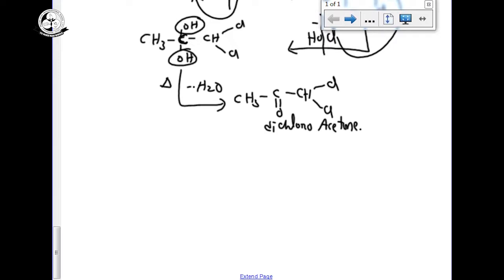Dichloroacetone. So these are the addition products that we discuss for the alkynes. The major problem with alkynes is that we cannot stop the reaction within a single step. Why? Because alkynes have two multiple bonds, so we add two molecules. Whether you are adding H2, HCl, or HOCl, whatever the addition, we cannot stop the reaction at one molecule.